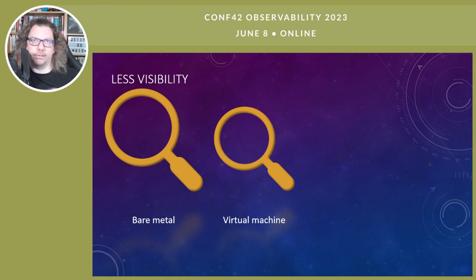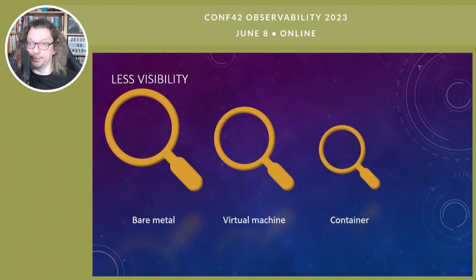Then we went to virtual machines. And as long as we are not responsible for this virtualization platform, we do not have the visibility there. So we can see everything above, not below, right?